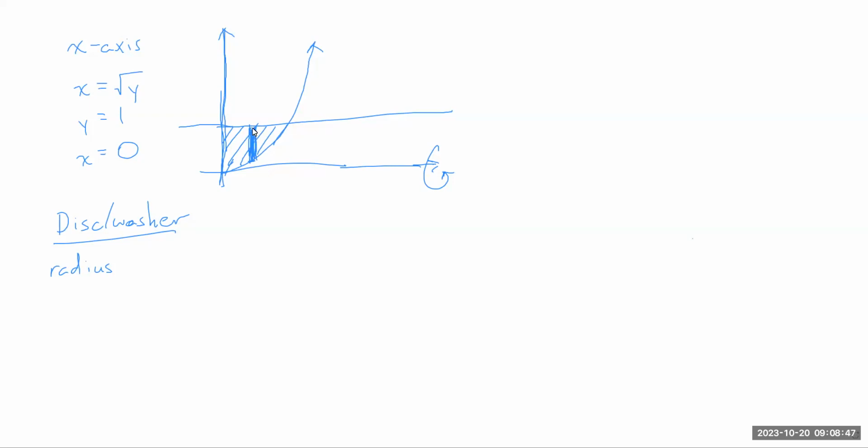No matter how many different ways we talk about integrals, they're all kind of based on the idea of a Riemann sum, which is at its heart dealing with rectangles. So if I have this vertical rectangle, so basically a dx rectangle, and I revolve it around the x-axis, I get a washer.